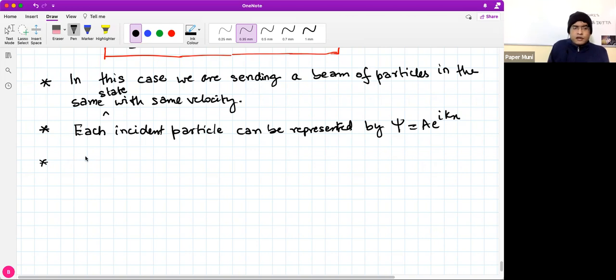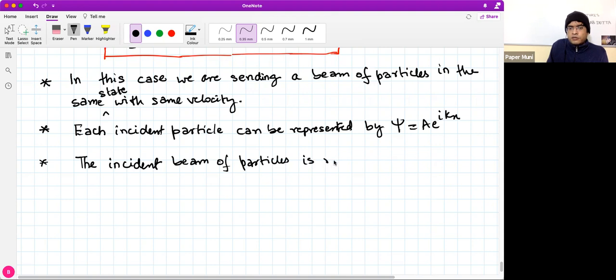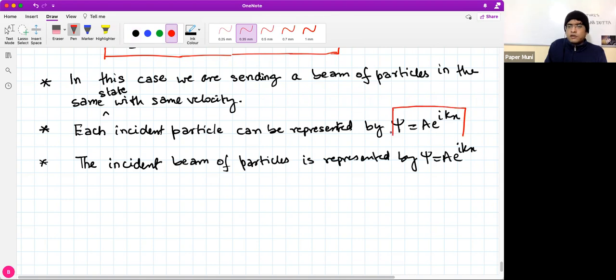Now if I say that the incident beam of particles is represented by psi is equal to e to power i kx, there are two different things. This wave function represents one particle, and this represents several particles. Let's see how it's different.